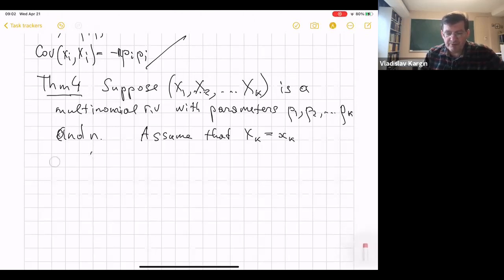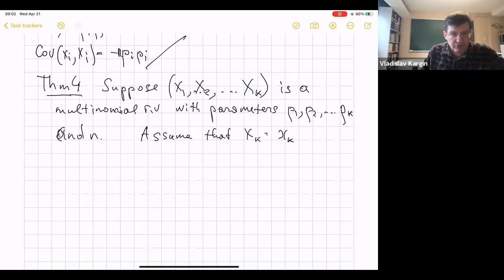So I'm formulating the theorem. The question is, what's the conditional distribution of ours? So you observed one of them, so you know that, say, one specific word occurred xk times. So the question is how this influenced the distribution of the counts of the words.